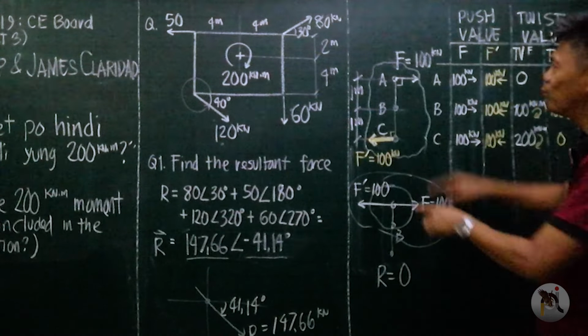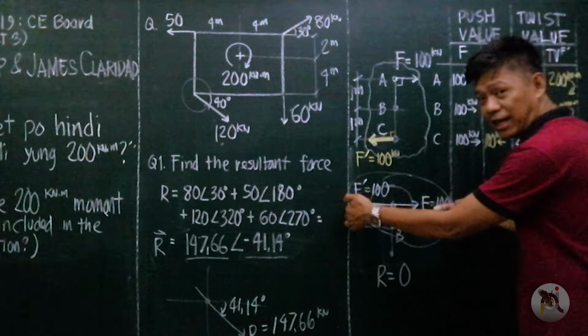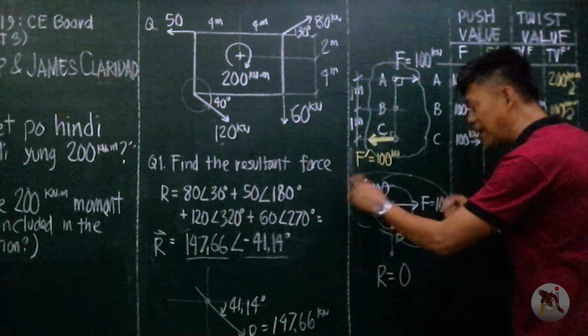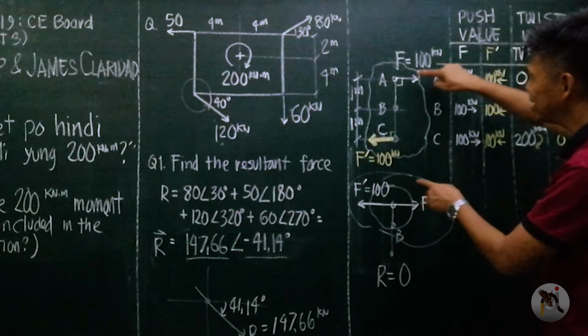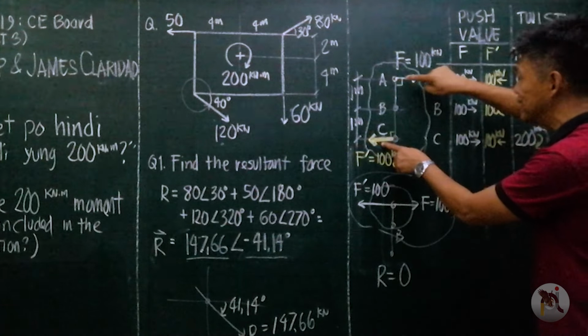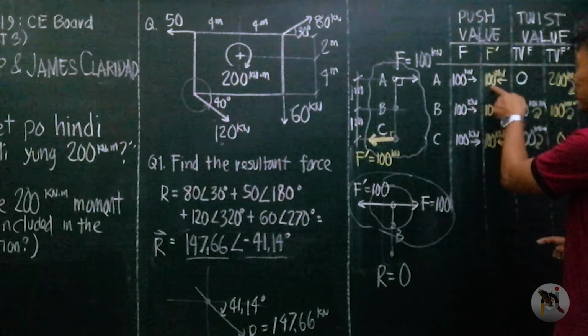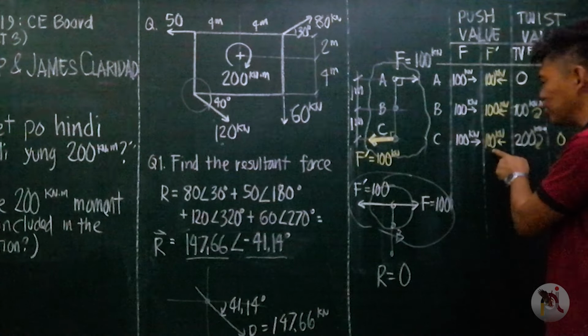However, what if the two forces are not exactly opposite? They are opposite, but they are not collinear. What is the resultant push value of this? 100 minus 100.